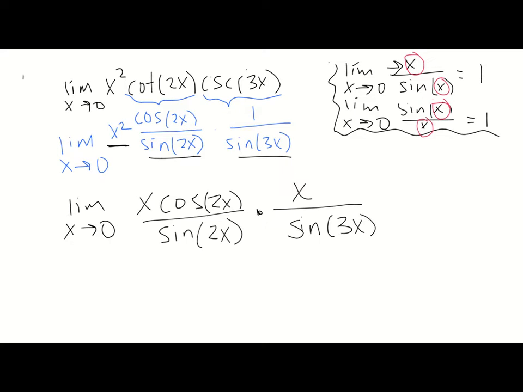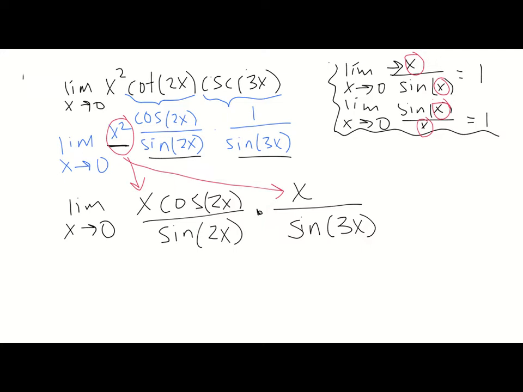So all that happened there is this x squared is really x times x, so I put one of the x's with this quotient and one with this over here. So I just split up x squared into x times x, but split up the x's into these different fractions. So it's just a rewriting of what was there before.